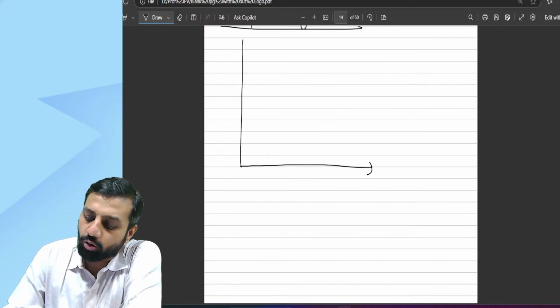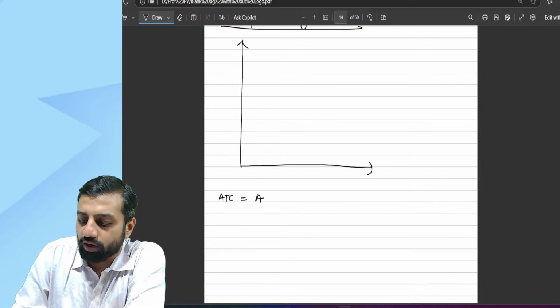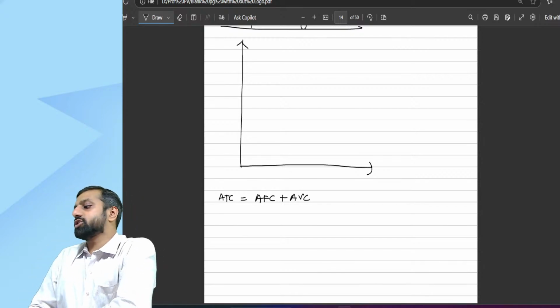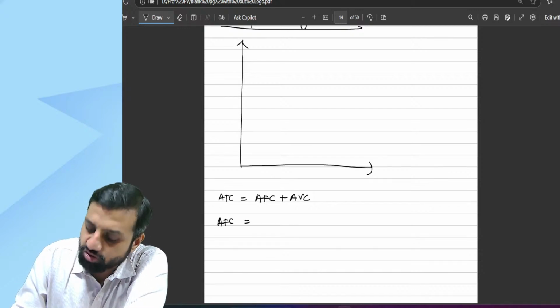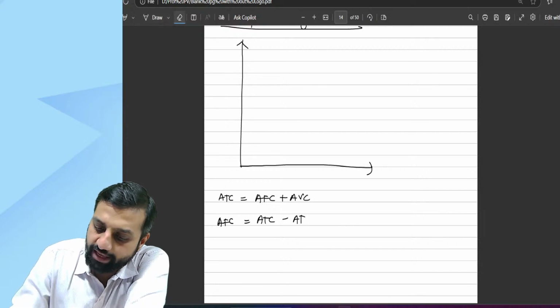Then we have average and marginal cost. When I talk about average cost, average total cost is equal to average fixed cost plus average variable cost. Average fixed cost is equal to average total cost minus average variable cost.